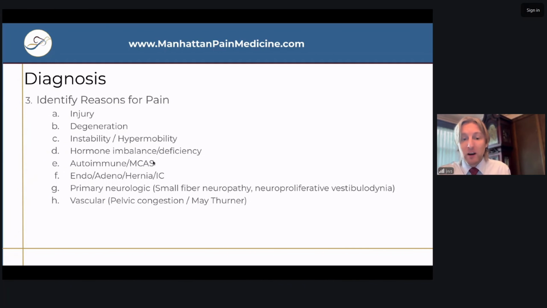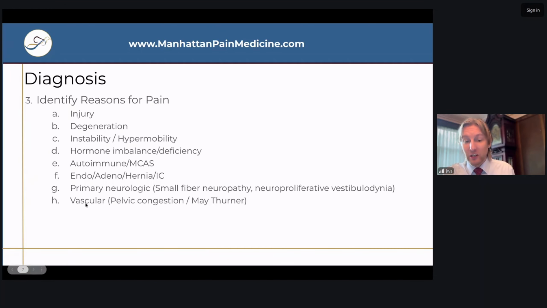If there's any inflammatory process, we have to address that, and that's a systemic process. Endometriosis, adenomyosis, hernias, interstitial cystitis, any other visceral source of pain. And then, of course, there are primary neurologic sources such as small fiber neuropathy, neuroproliferative vestibulodynia.